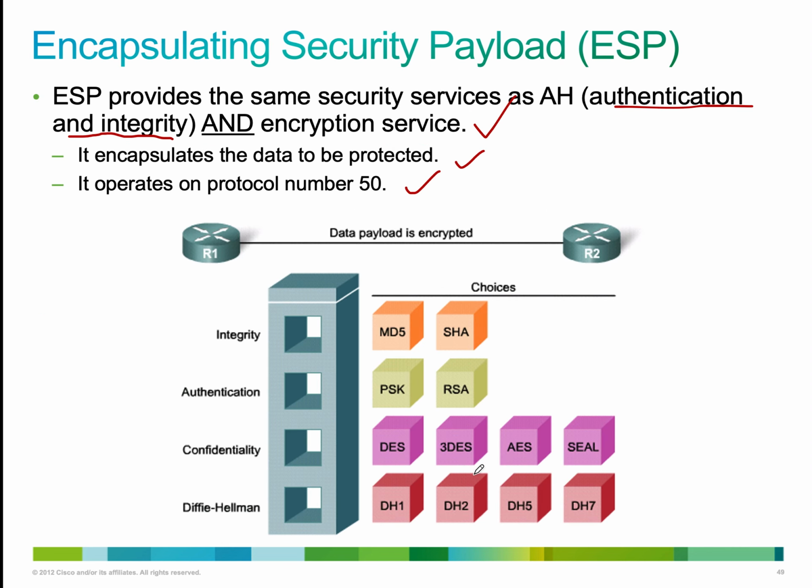But ESP has integrity, authentication, confidentiality, and Diffie-Hellman. So it provides the confidentiality, which is the encryption part. This is the additional feature it has that AH does not have.